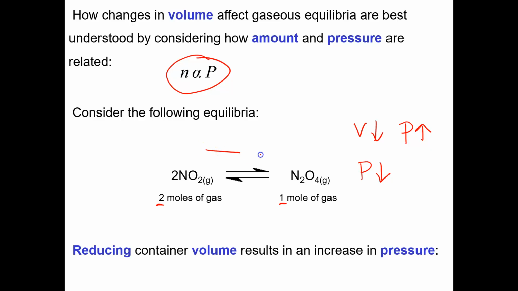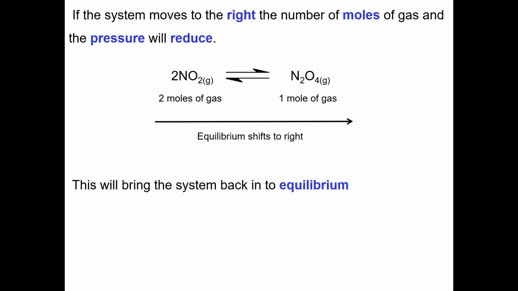Well, if I make the system move that way, I consume gas and the pressure will go down. So I make the pressure go down by reducing the number of moles of gas, which in this case means shifting to the right-hand side. If the system moves to the right, the number of moles of gas will decrease, which will reduce the pressure, and that'll bring the system back into equilibrium.